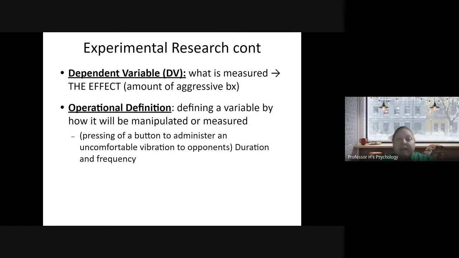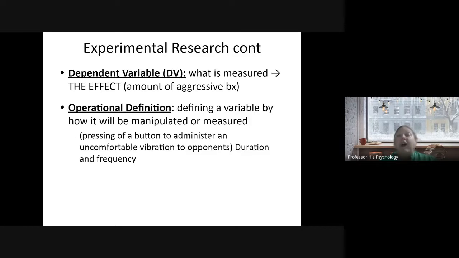In this case, we're going to say that the amount of aggressive behavior will be defined as pressing of a button to administer an uncomfortable vibration to opponents. We are going to measure the duration of the button press and the frequency of the button press. So our participants in this research project are going to be playing against somebody.